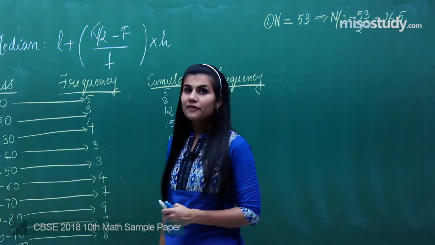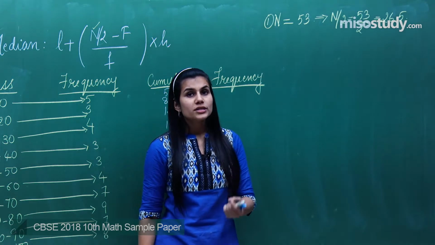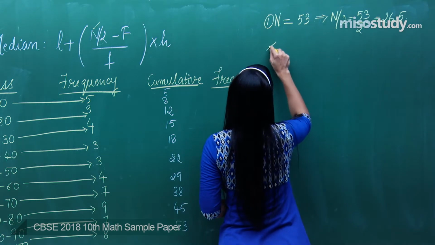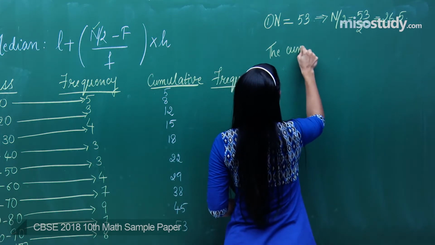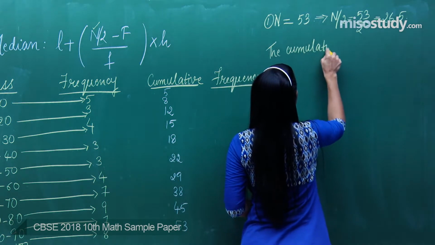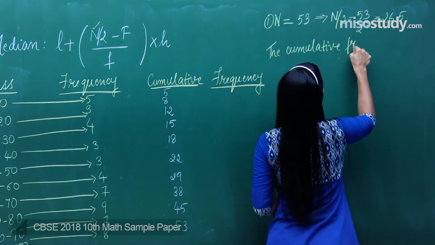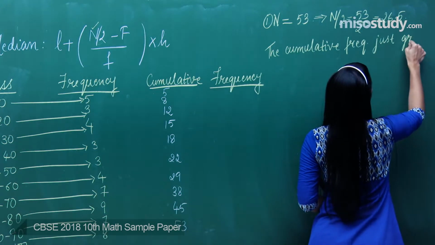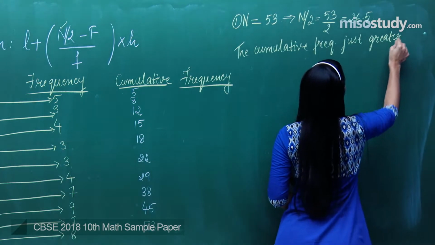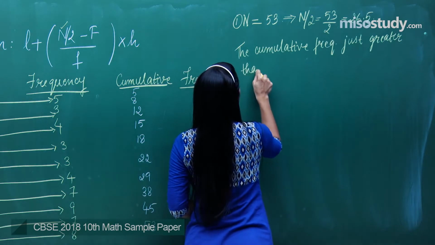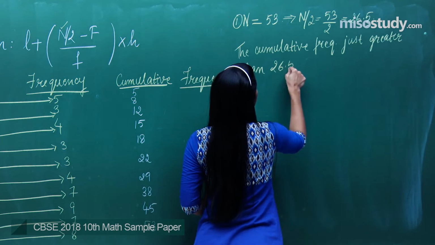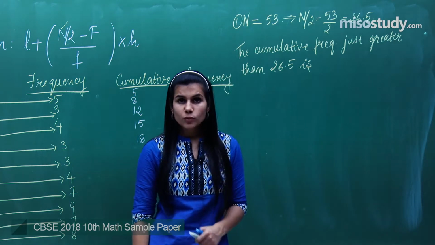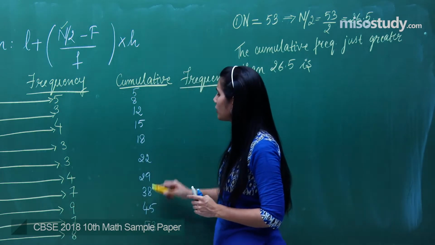Now, the moment you have N by 2, you proceed to finding the median class. Now, the question is, what is the cumulative frequency just greater than 26.5?